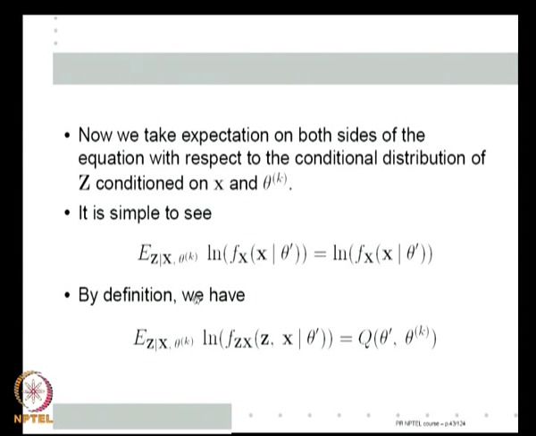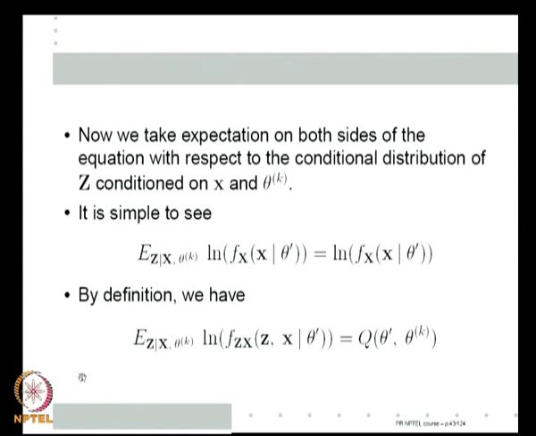My second term is the log likelihood of the joint density. The conditional expectation of the log likelihood of the joint density is by definition my function Q. If this is the log likelihood of the joint density at theta prime, then because I am taking the conditional expectation conditioned on theta k, this becomes Q(theta prime, theta k).